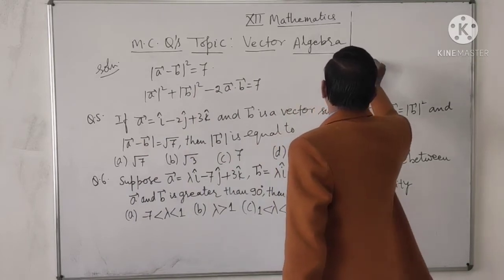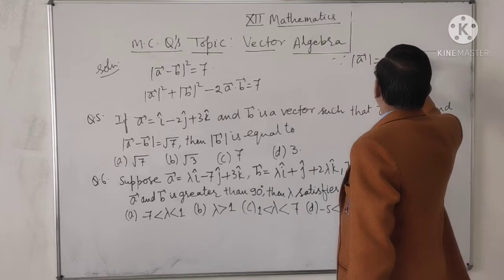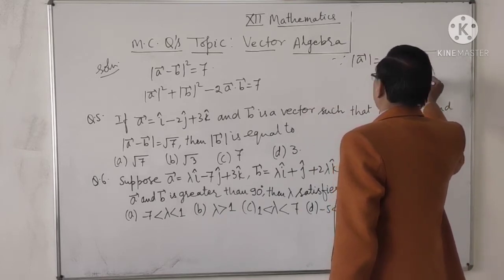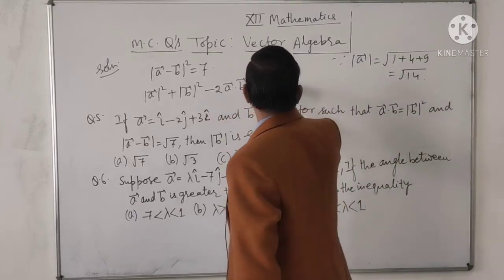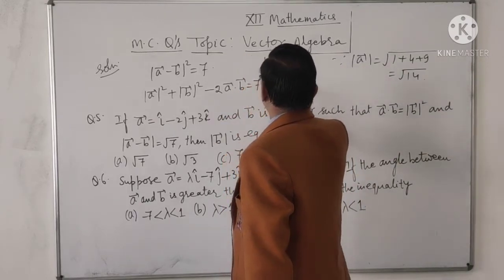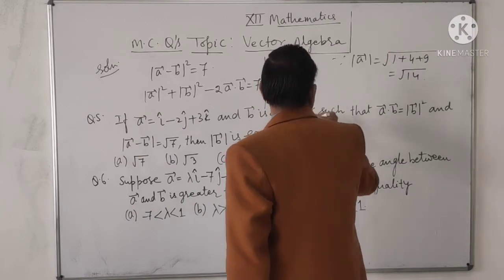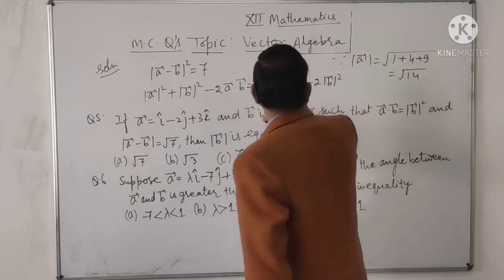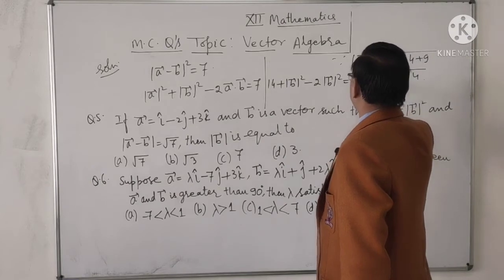Since mod A equal to root of 1 plus 4 plus 9, it is root 14. So there is 14 plus mod B square minus 2 into mod B square, as A dot B is mod B square, equal to 7.